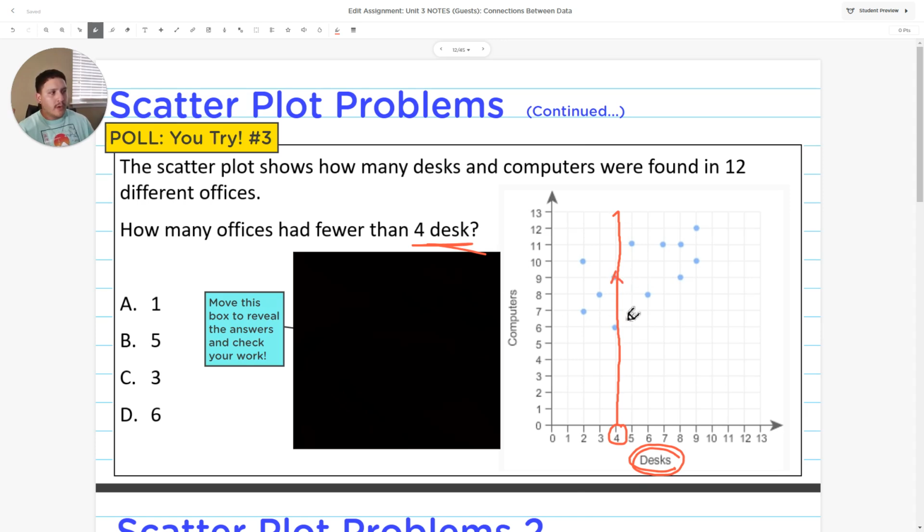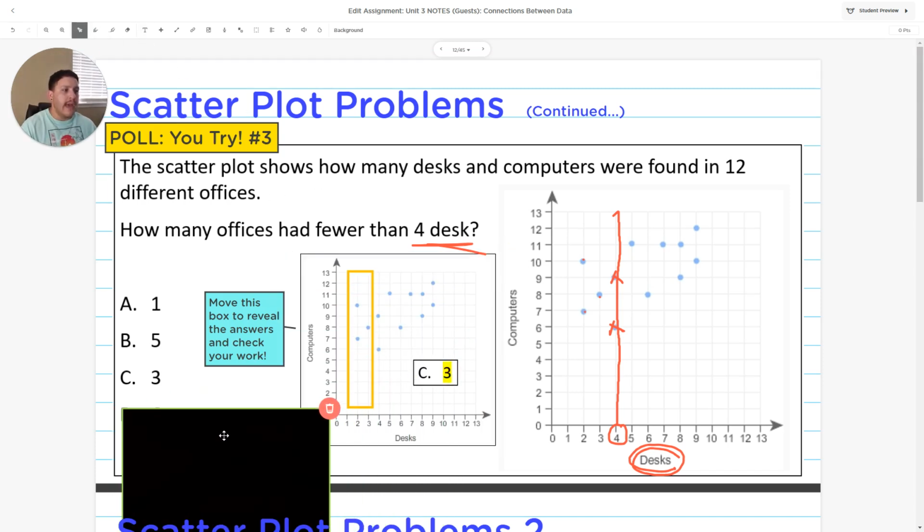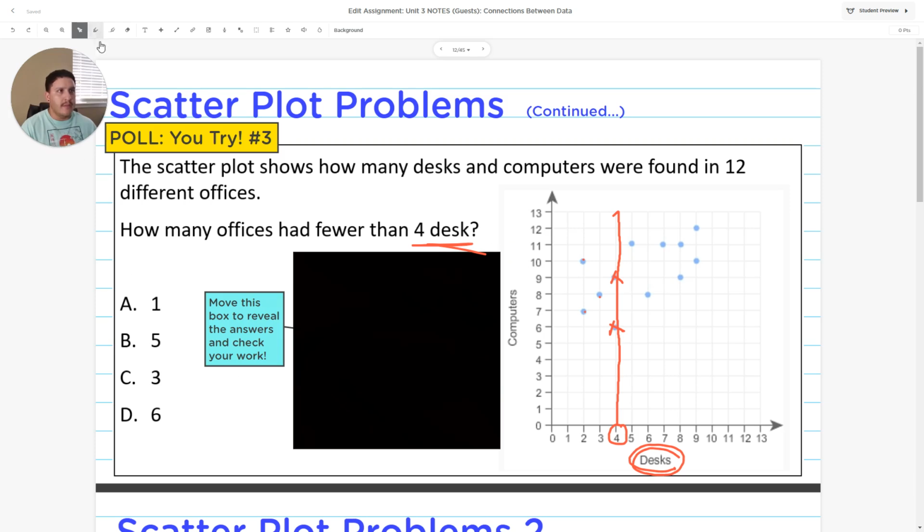So I'm not going to include these 2. And I'm going to count on the left. 1, 2, 3. 3 offices have fewer than 4 desks. Letter C is my answer. That's it for you try number 3.